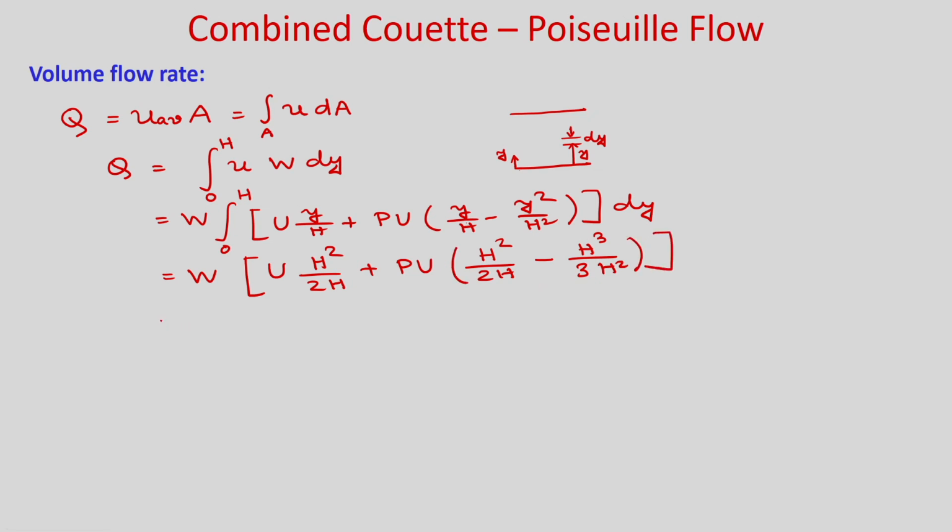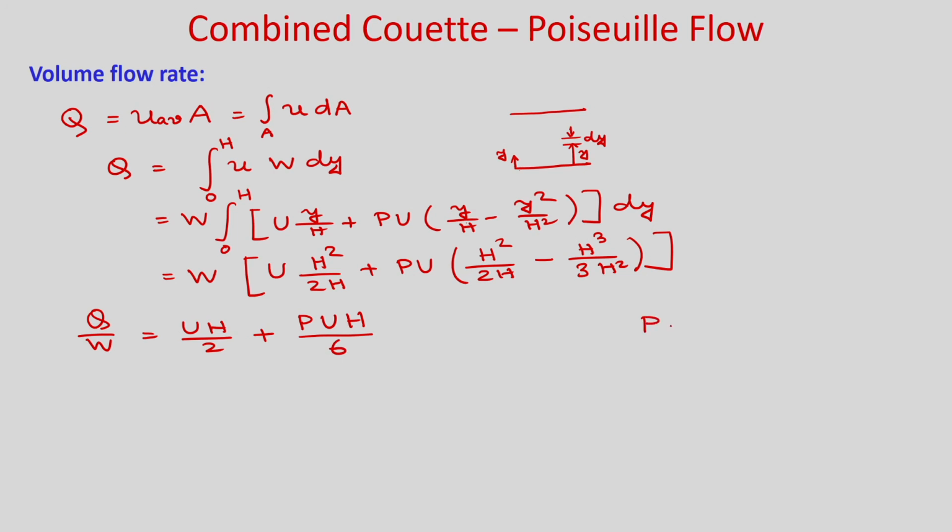Okay. So, if you rearrange it and write the volume flow rate per unit width, then we can write q by w is equal to u h by 2 plus, if you rearrange this term, you will get p u h by 6.